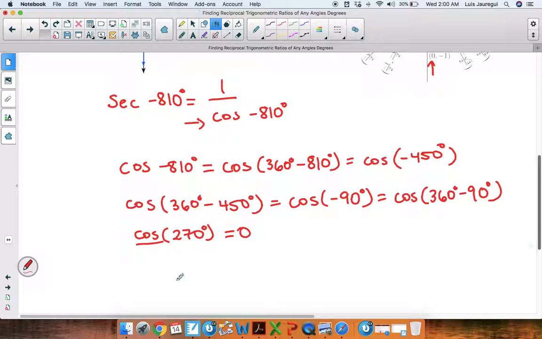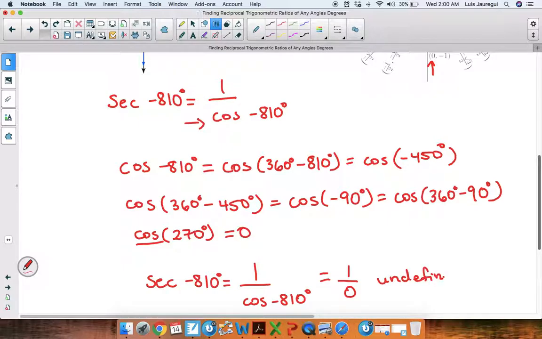So secant of negative 810 degrees is equal to 1 over cosine of negative 810 degrees, but this cosine, we just found it to be 0. So this is 1 over 0, which means that this is undefined because we cannot divide by 0. Okay, so therefore secant of negative 810 degrees is undefined.